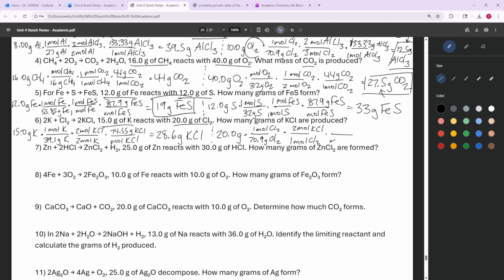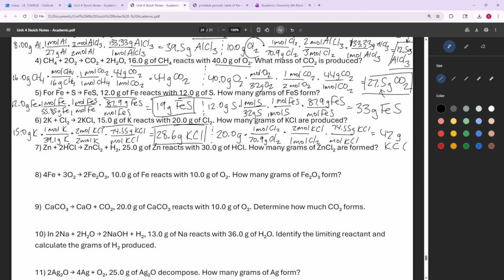And then for every mole of KCl, we get 74.55 grams. So multiplying all of that together, 20 divided by 70.9 times 2 divided by 1 times 74.55, that's 42 grams KCl. So it looks like in this case potassium is our limiting reactant, so we can only get 28.6 grams of KCl.